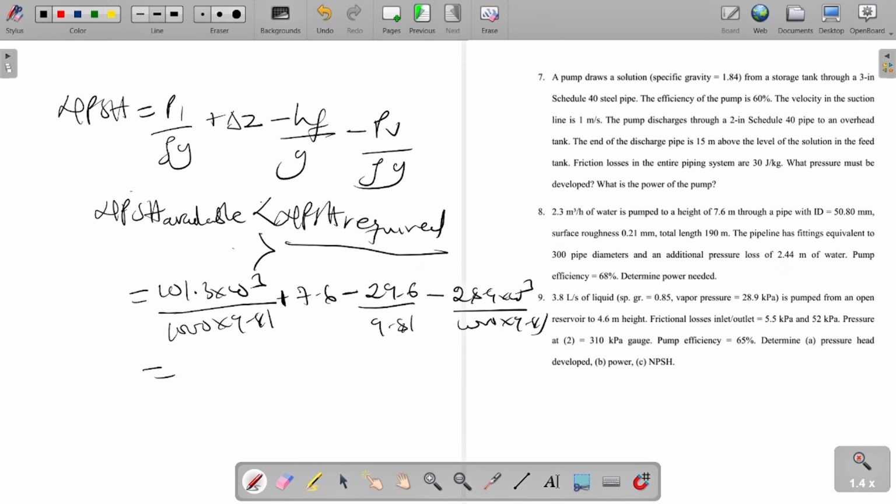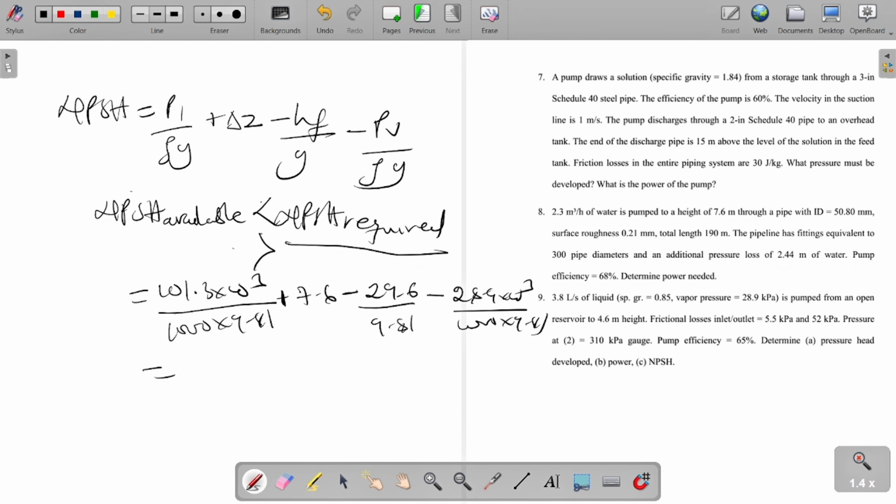Did you get it? So let's compute the value for this one. So it's one, then plus 7. So let's assume the elevation there is a suction head, right?